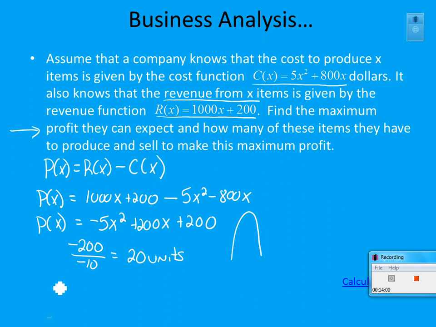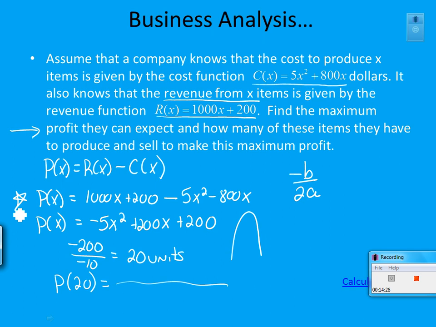To get how much profit you would get, I'm going to find P of 20. And then we'd run that through a calculator. But notice, guys, the main thing I want to show you here, the opposite of B over 2A gives us the number of units that we need to sell, that we need to produce. The key thing on this one is I needed to come up with a profit equation from what they gave me.